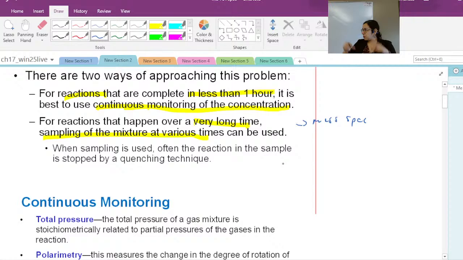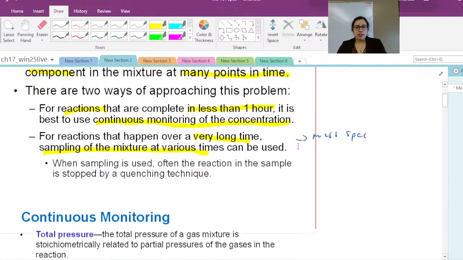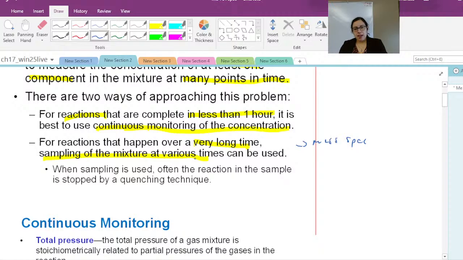Maybe you even have to work it up and then see what it comes out to. Even if you have a very long reaction, as long as you could do it in an NMR tube, you could keep it in that NMR tube for a week. Honestly, I've seen that before. Again, it really just depends on how you are looking at this reaction.